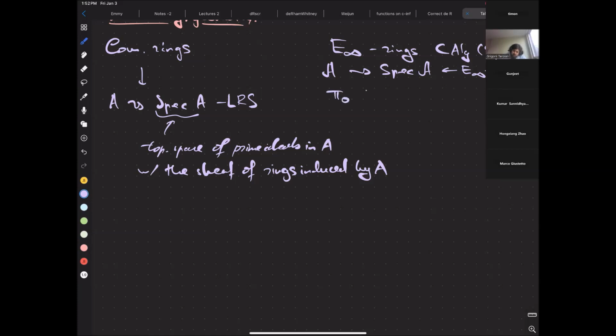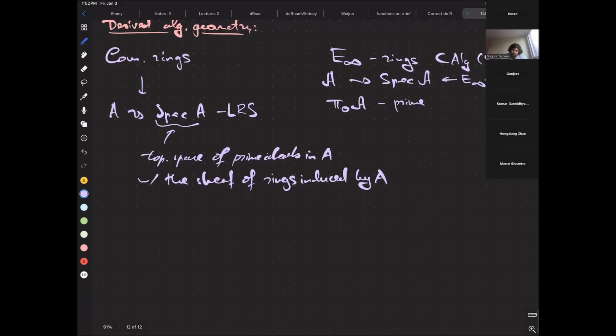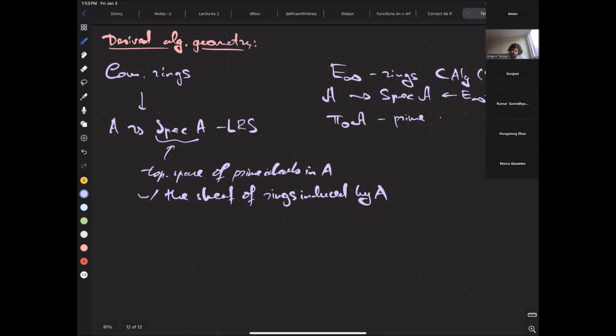So as a topological space, this will be just prime ideals in the zeroth homotopy group of this E infinity ring, with the Zariski topology.